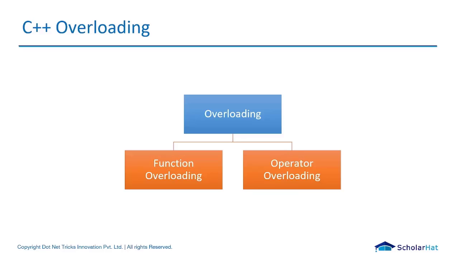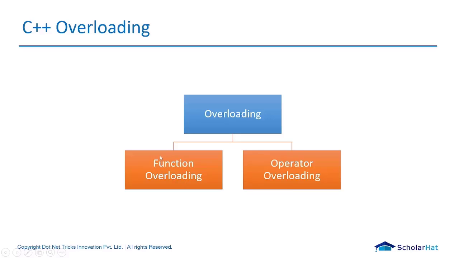The plus sign can be used for concatenation of strings and also for addition. That is operator overloading. Now we're going to jump over to VS Code and see function overloading in detail.